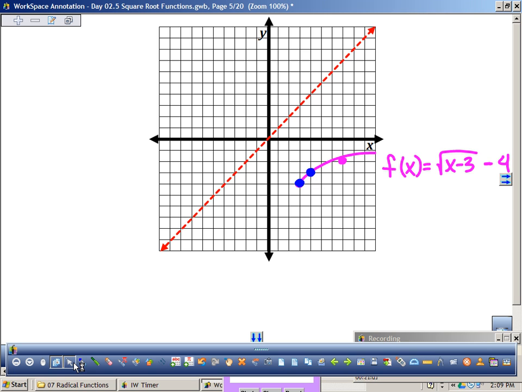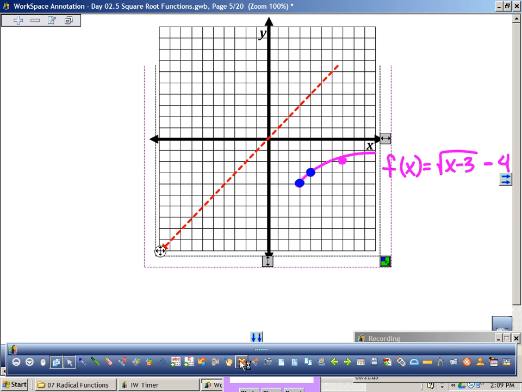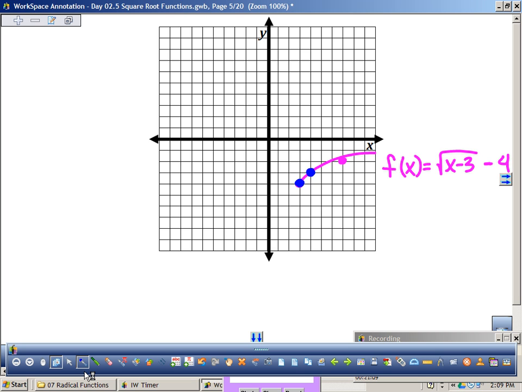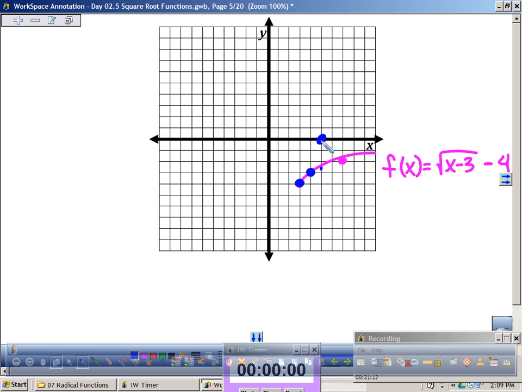Let's forget about this first. No, you'll see what I mean in just 1 second. If it were like this, and then it would be over 2 and up 1, 2, 3, 4, correct? You see that? Doesn't that look like the top of a parabola? Wouldn't that parabola be this?